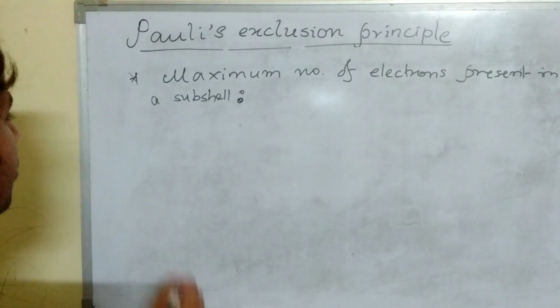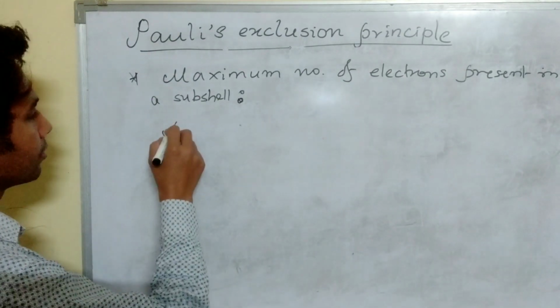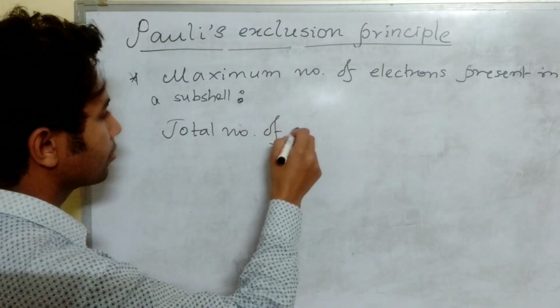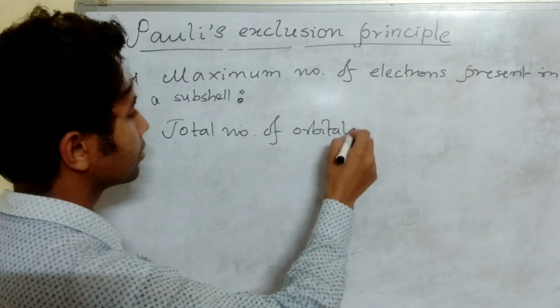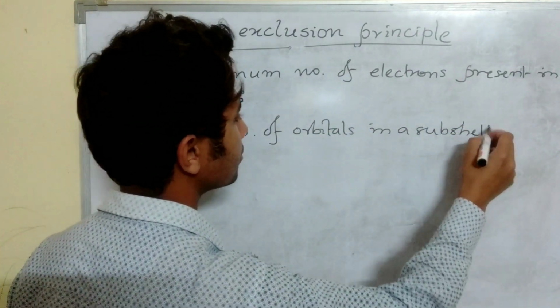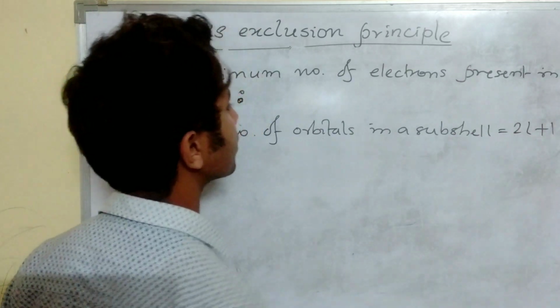Friends, we also know that the total number of orbitals in a subshell is equal to 2l plus 1.